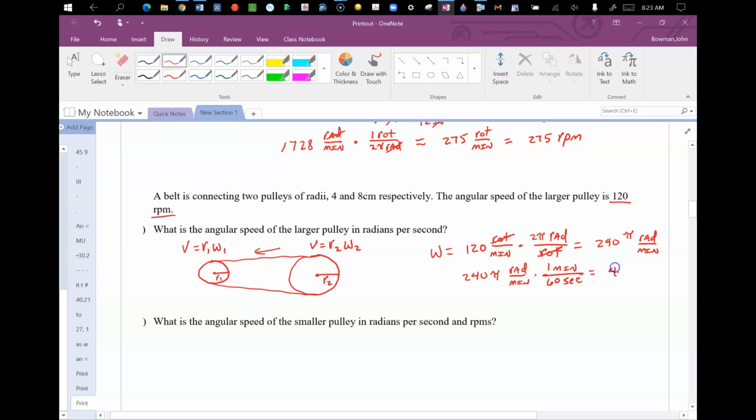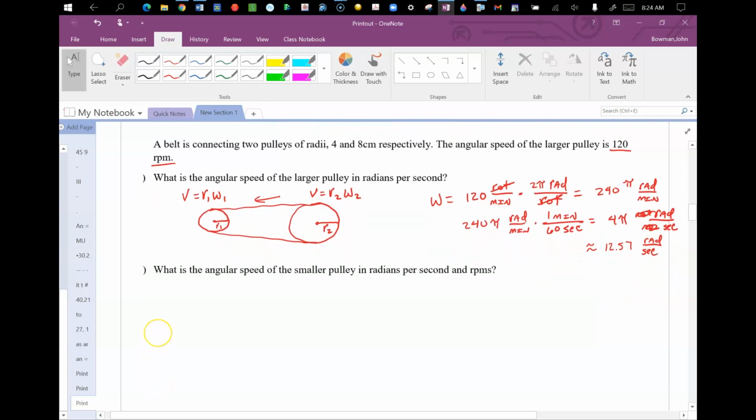So we have 4 pi radians per second. Now, if you'd like to, you can multiply 4 times pi and you're going to get approximately 12.57 radians per second as well.